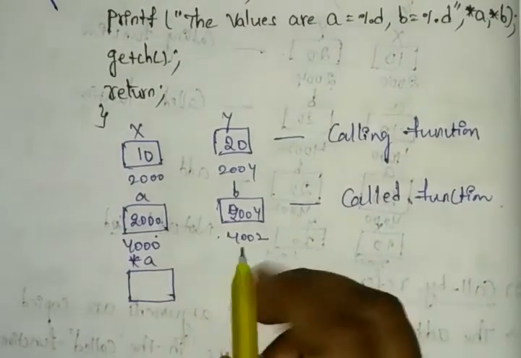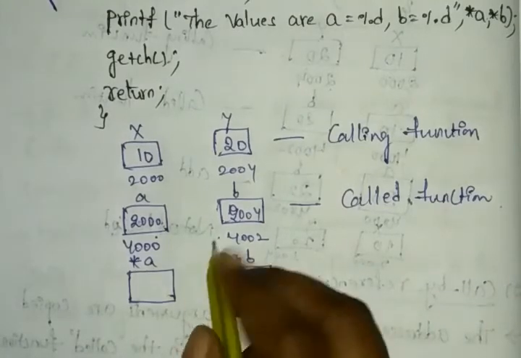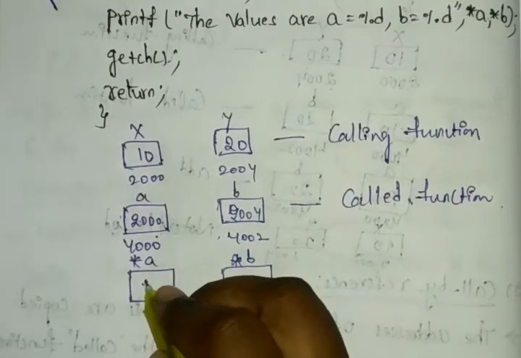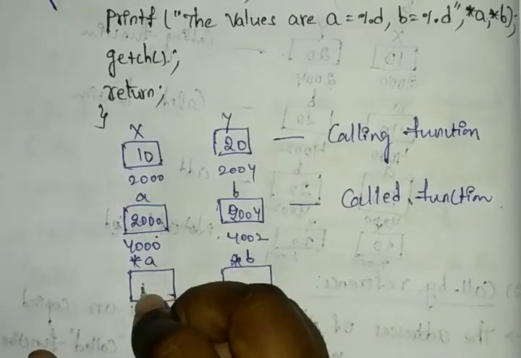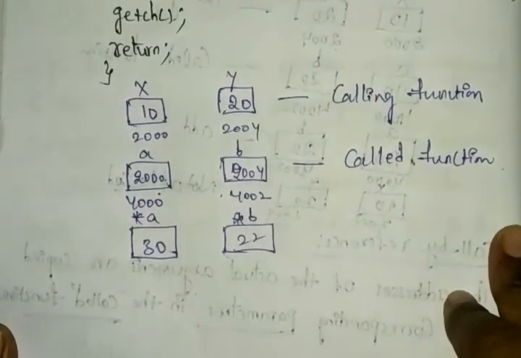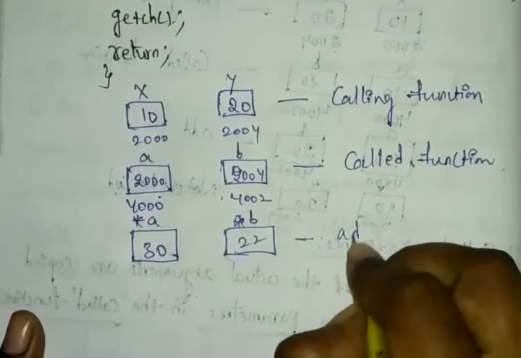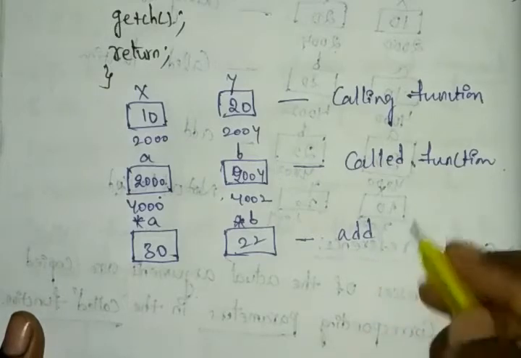Next we have pointer B. So A equals A plus B, which means you'll get 30, and this is also 22. We can call this the add function. Here we perform with the add function.